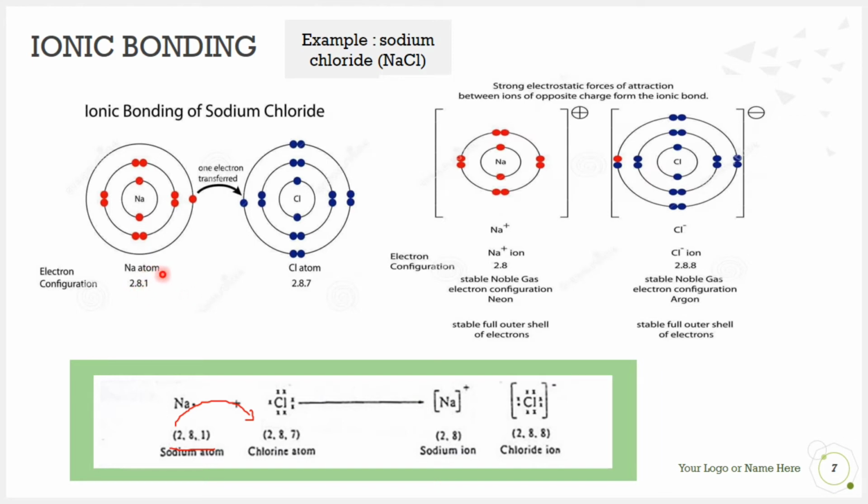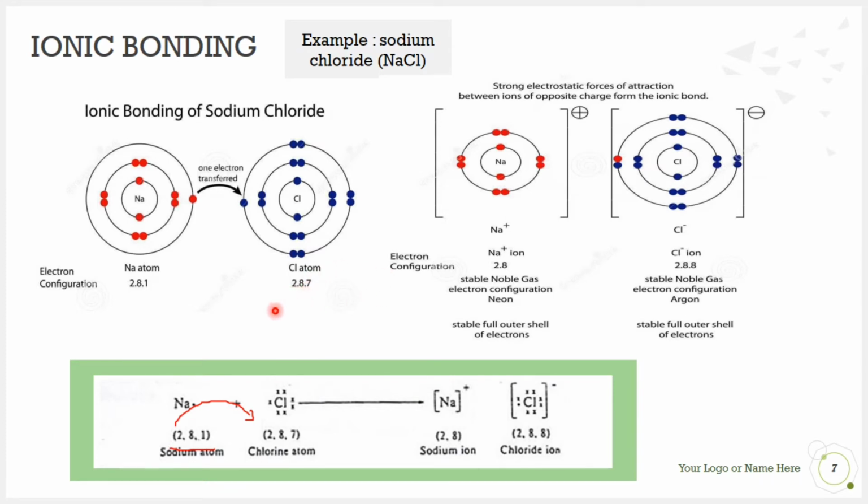So, sodium is from group 1 because it has 1 valence electron. And the next atom is the Cl atom, and the electron configuration for chlorine is 2, 8, 7.